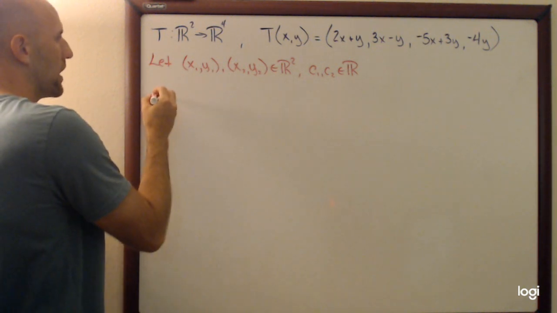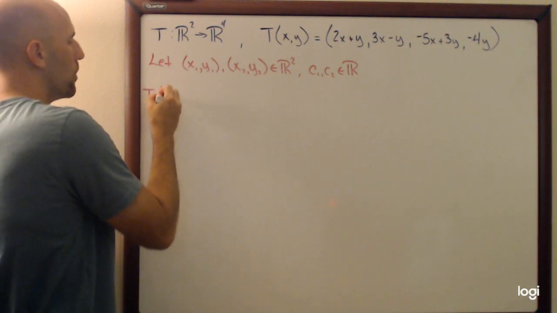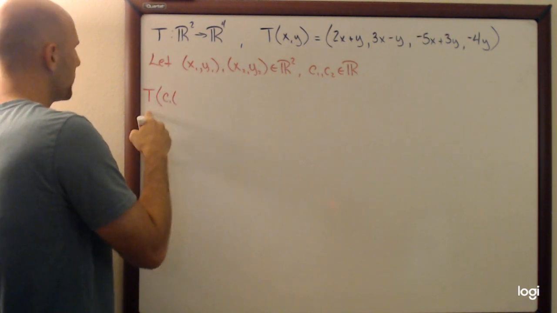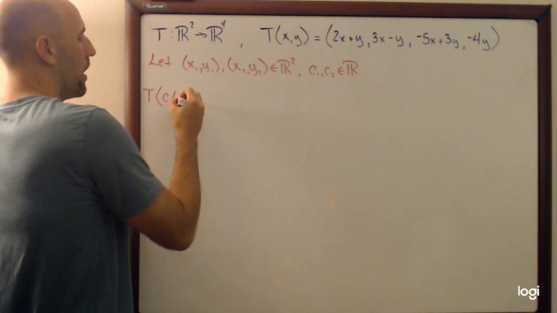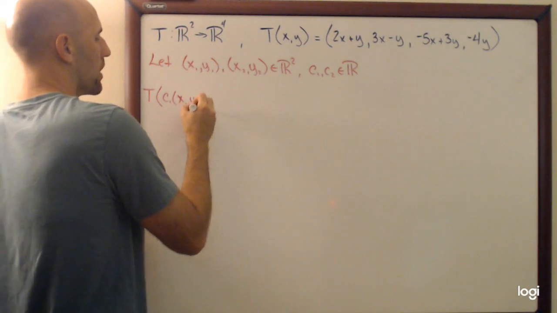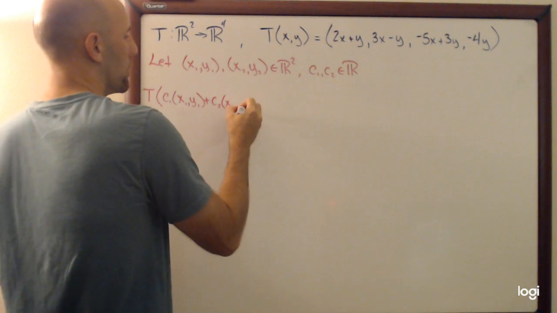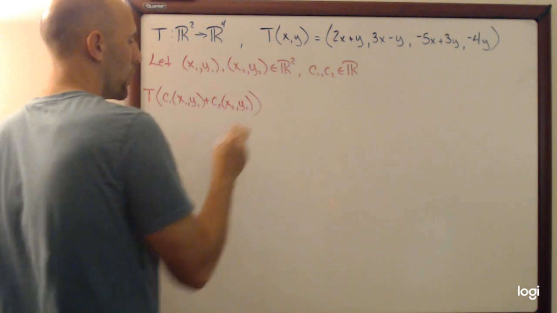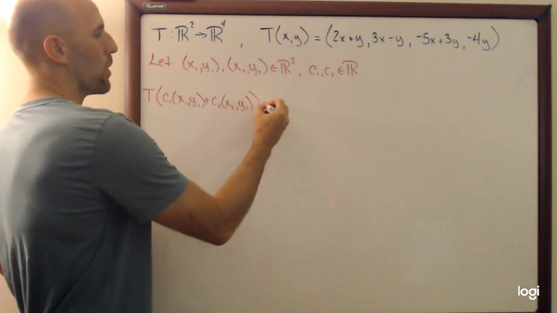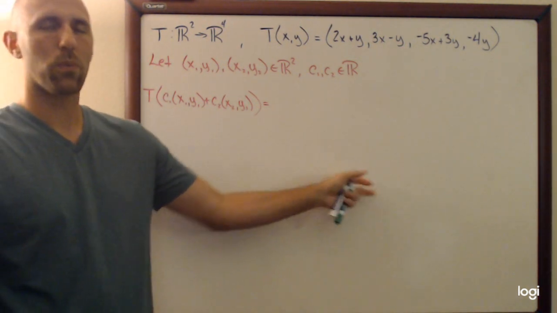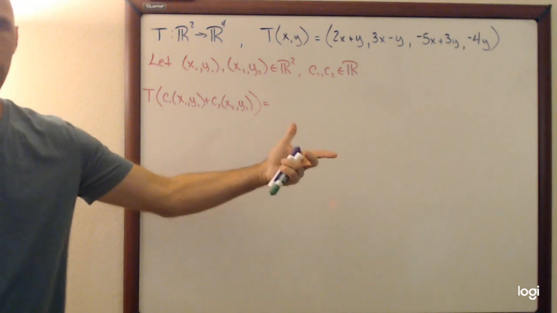We would like to show that the transformation of c1(x1, y1) + c2(x2, y2) is equivalent to c1 times the transformation of (x1, y1) plus c2 times the transformation of (x2, y2).